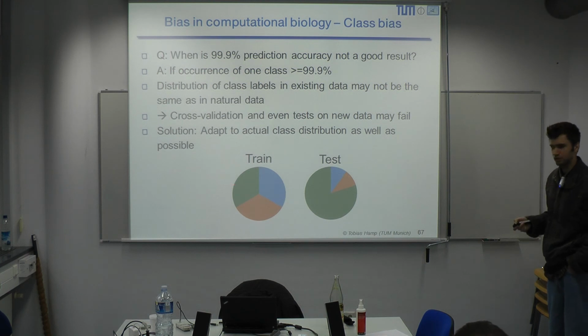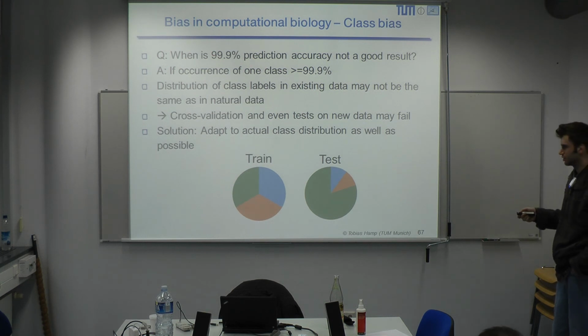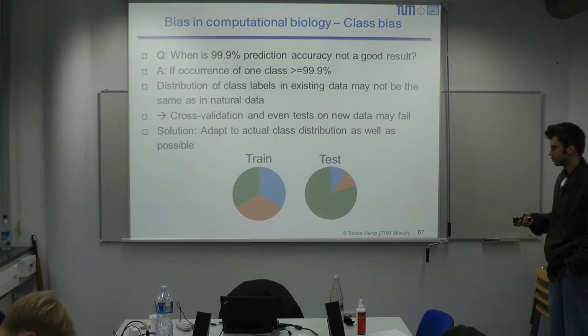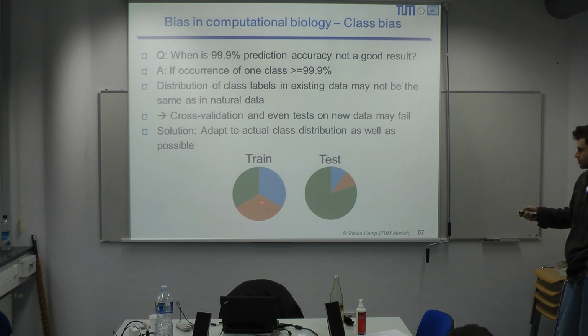So the only fair evaluation then is really to learn and train on the natural distribution as it occurs, and not to artificially try to equal out the classes. Because if you would, for example, do a cross validation on the training set here, and of all the green samples here, you would get 50% right.